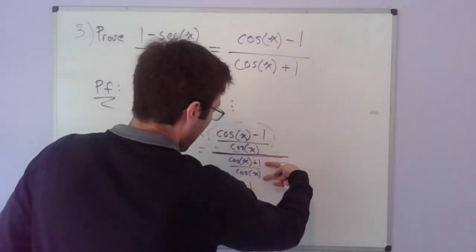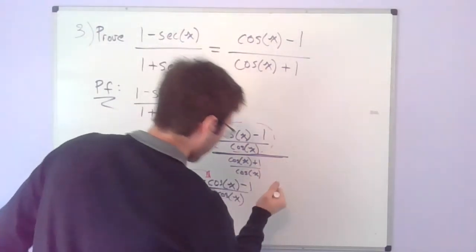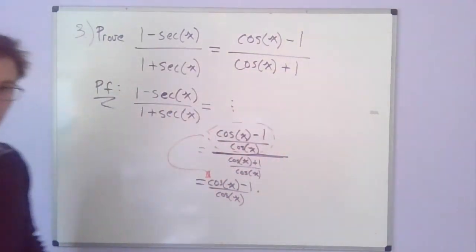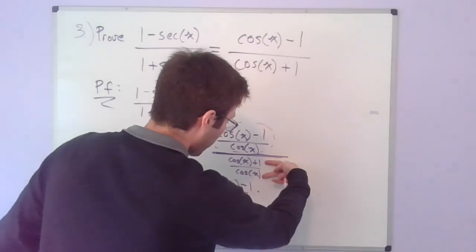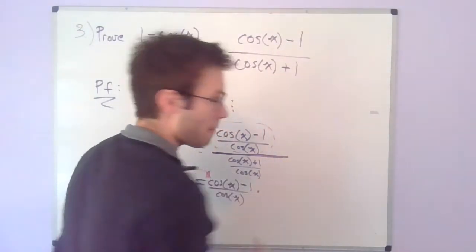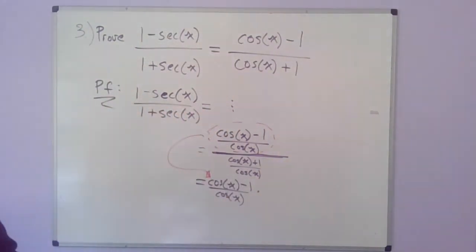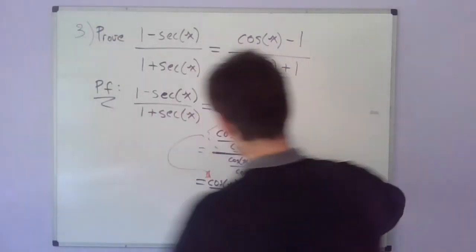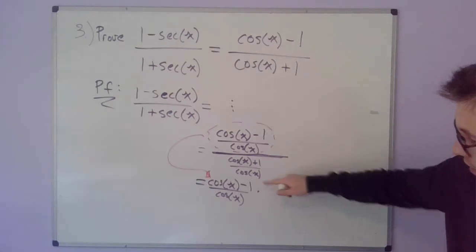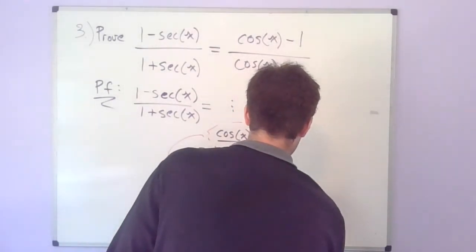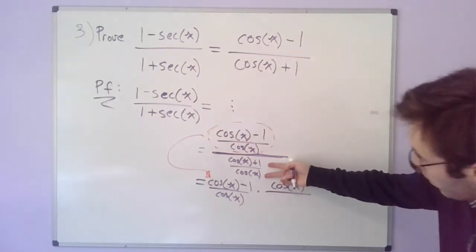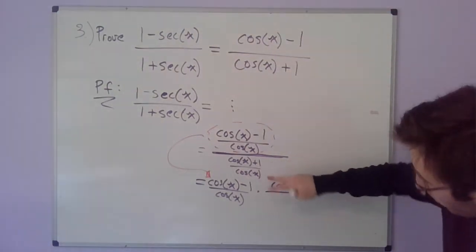When I look at my denominator term, that has to flip. So I'm multiplying. I'm taking this value in my denominator and flipping it. So right here, cosine x is down below. So now it's going to go up top.